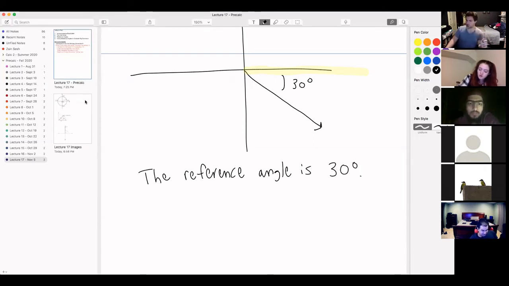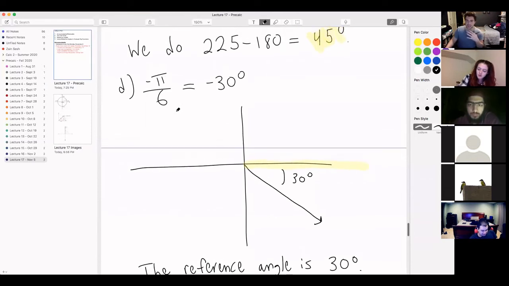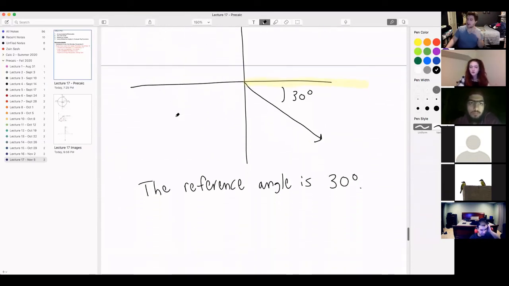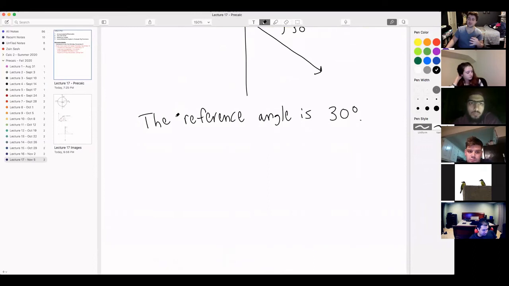Okay, good. So we kind of did this in our heads, but I do have a nice set of steps you can follow, given some angle, to find its reference angle.